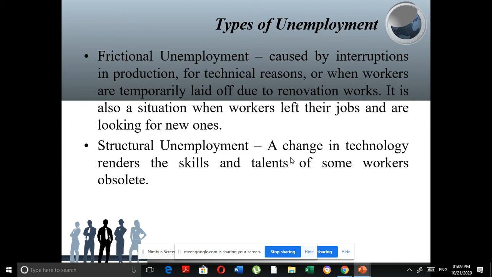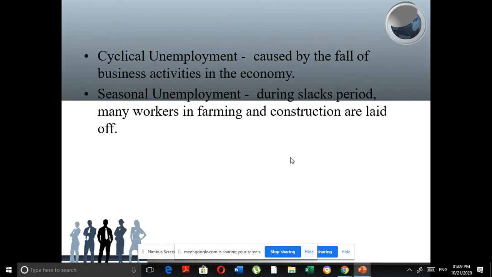Guys, is everything clear? Yes. So, as I told you, here is the cyclical. Cyclical unemployment is caused by the fall of business activities in the economy. It occurs when the level of economic activity declines. In other words, cyclical unemployment occurs during recession or depression times, okay?